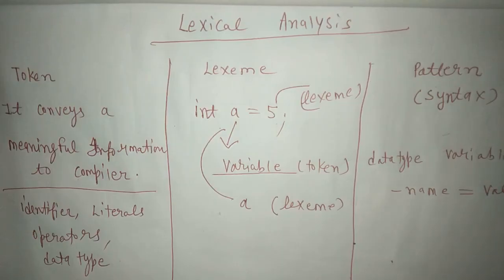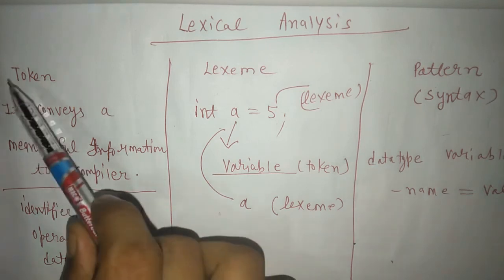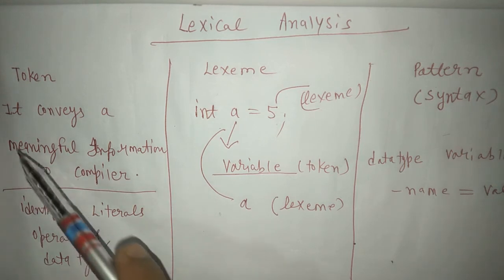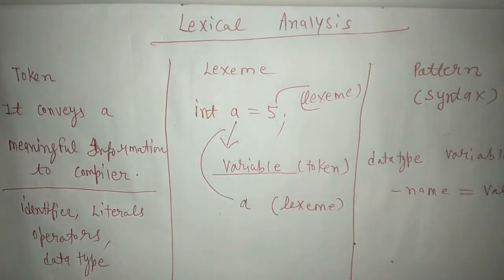So let's move to the next topic, lexical analysis. During lexical analysis, three common terms come to mind: token, lexeme and pattern. Let's understand the difference between these three words. Token is what? Tokens are the smallest individual units of any program. A token has a special meaning to the compiler.